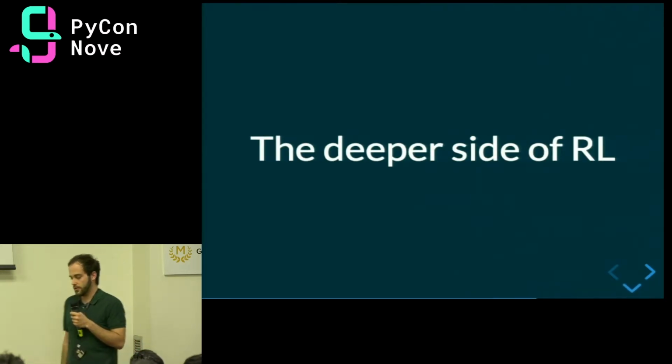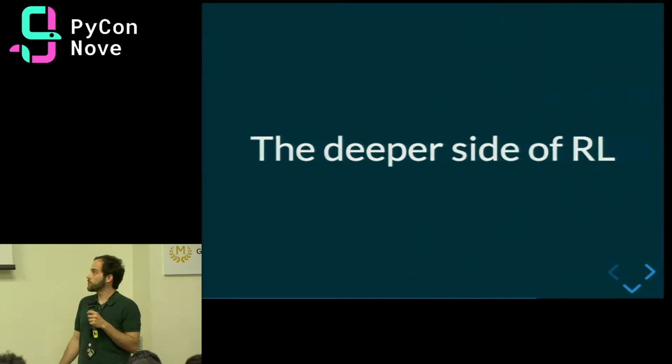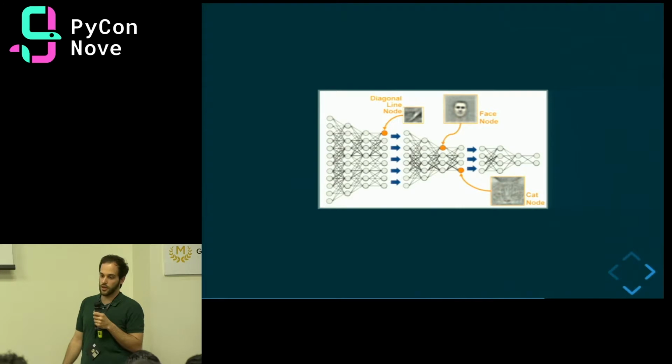The other key insight in AlphaGo is using deep learning to better represent features. Features in machine learning are abstractions of the state. If I were to classify people or animals, I would have very simple features like lines on the first layers in a convolutional setting, and then a higher level would point out faces, and an even higher level will tell me where the cats are and so on.